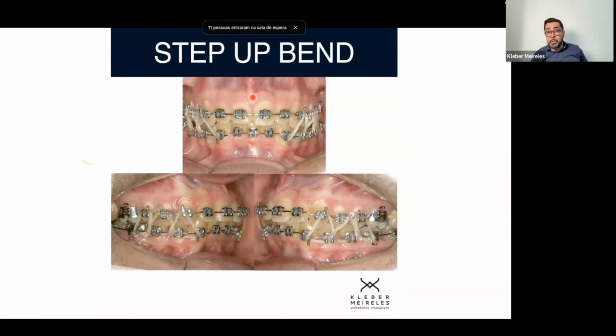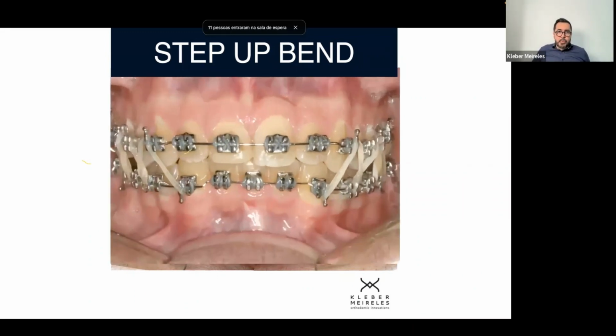So I'm doing the intrusion. We know that when you do extrusion or intrusion, of course, in a controllable manner, with controlled forces, I'm making the gingival margin and the bone follow the movement, okay?